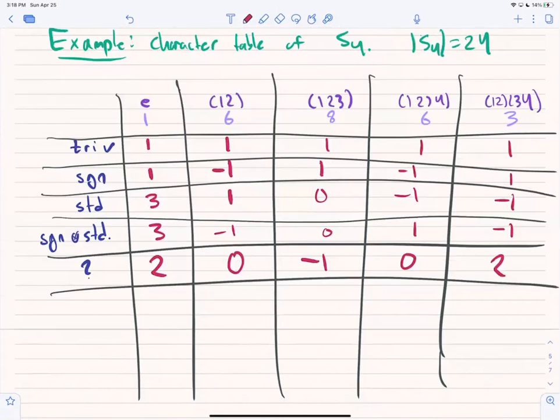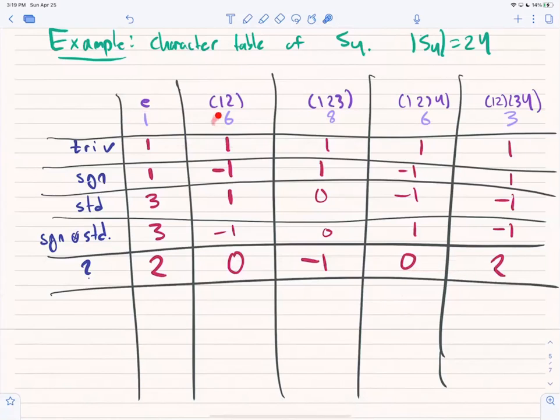Then, just to sanity check, I could check that this row is now orthogonal to these other rows. So for example, 2 times 1 is 2, plus 0, plus -1 times 8, so 2 minus 8 plus 2 times 1 times 3, so 6. 2 minus 8 plus 6, yep, that's 0. So this row is orthogonal to this row.